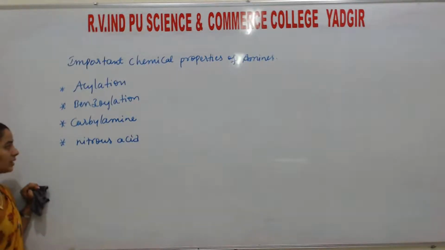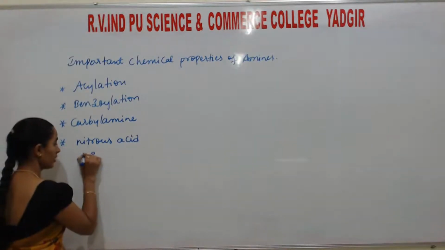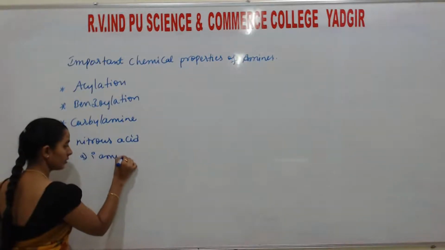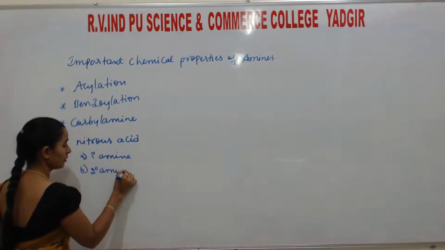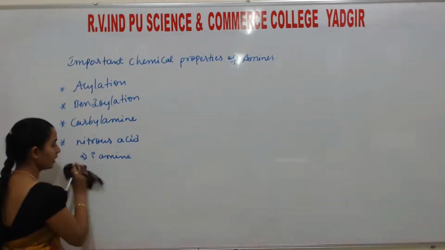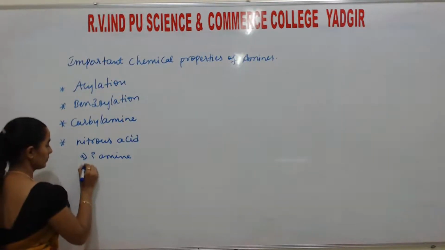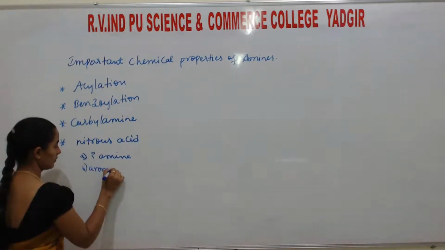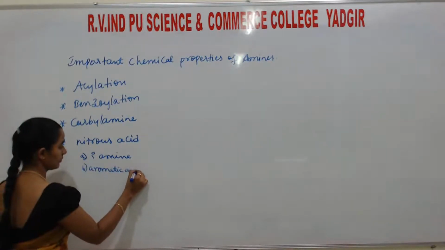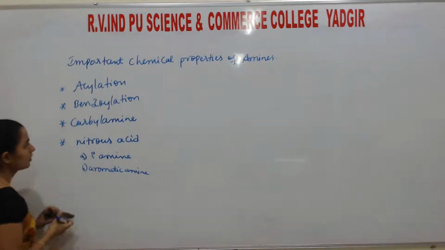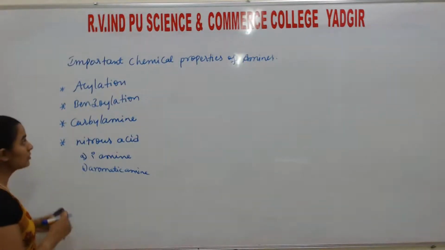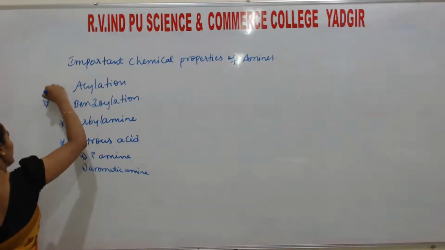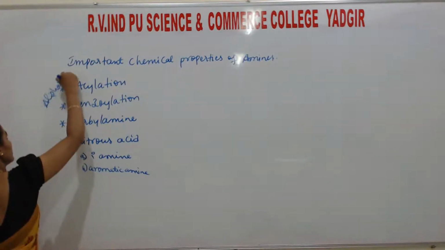In this there are types: primary amine, secondary amine, or aromatic amine. While explaining, I will give examples. This is for aliphatic amines.